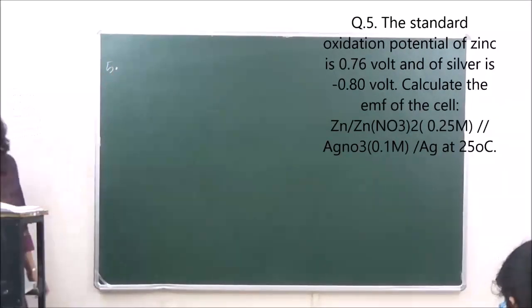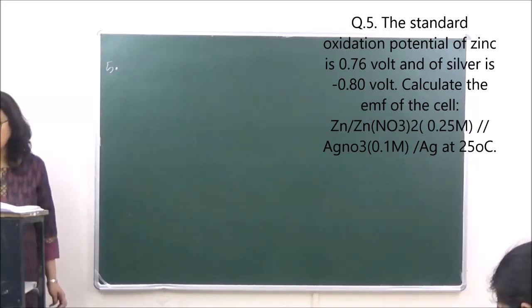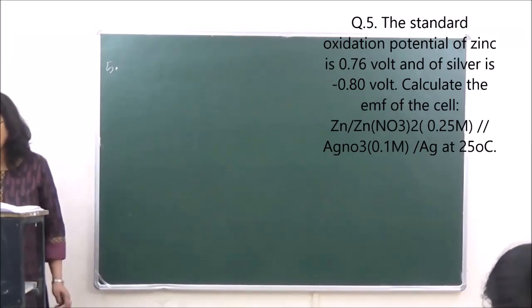What is question number 5? The standard oxidation potential of zinc is 0.76 and that of silver is minus 0.80 volt. Calculate the EMF of the cell.